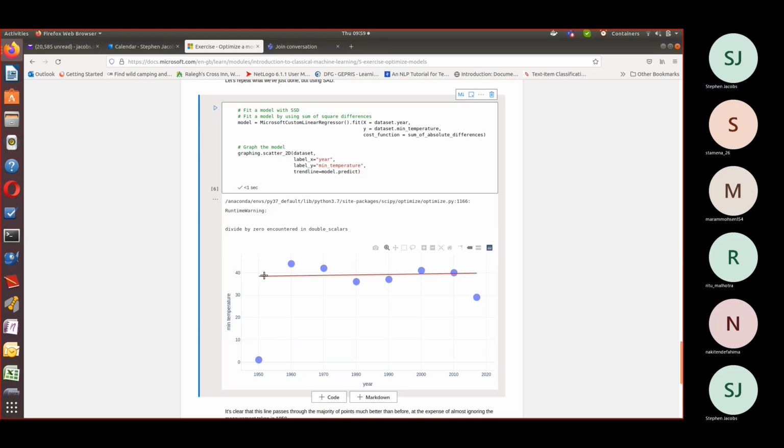It's interesting that because of this variation, and because we're using SAD and not the squared difference, there is a tendency to make this line almost useless, if you think about it, because it's actually predicting a variation in temperature in total of a couple of degrees there and a couple of degrees there. So as far as this is concerned, the model is only worthwhile over a range of about 5 or 6 degrees. And we know, of course, that doesn't really happen.